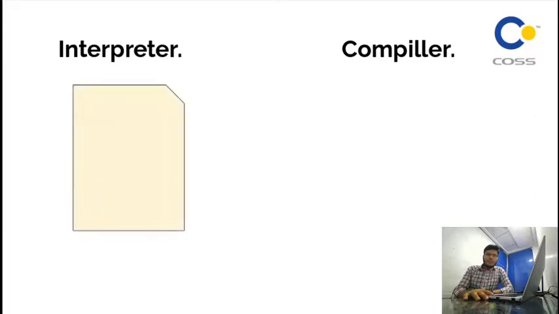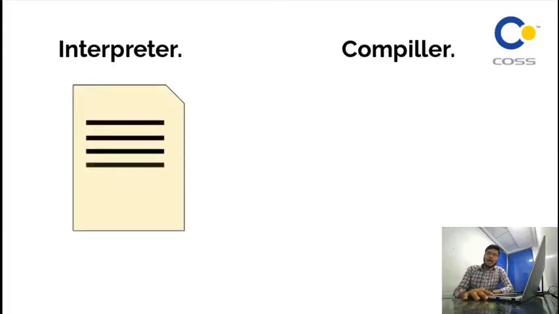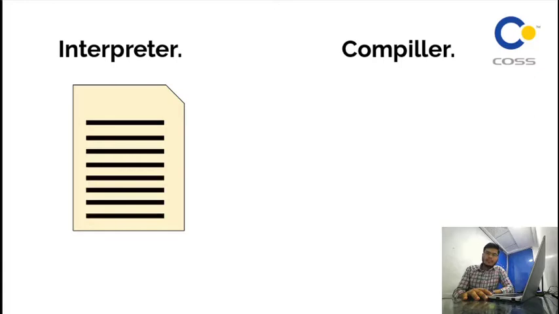An interpreter reads the program line by line. For instance, assume I have a program of 1000 lines, but due to a typo there is a mistake in line number 100, line number 200 and line number 300. The interpreter will read the program line by line and it will stop at line number 100, and until I rectify it, it will not proceed.